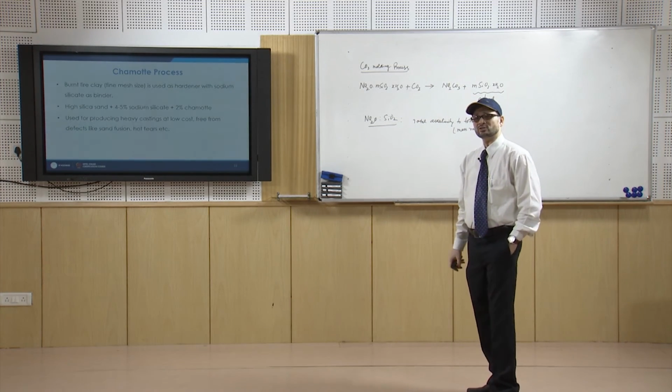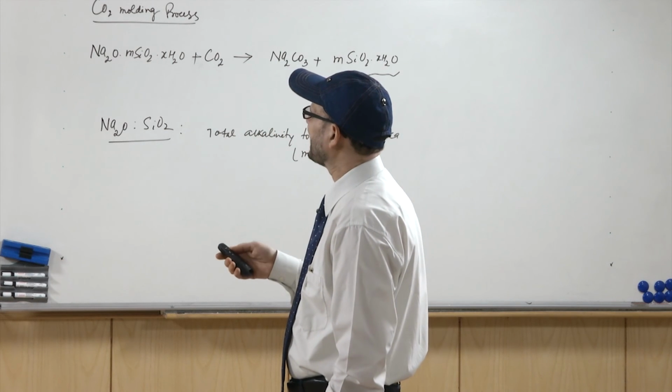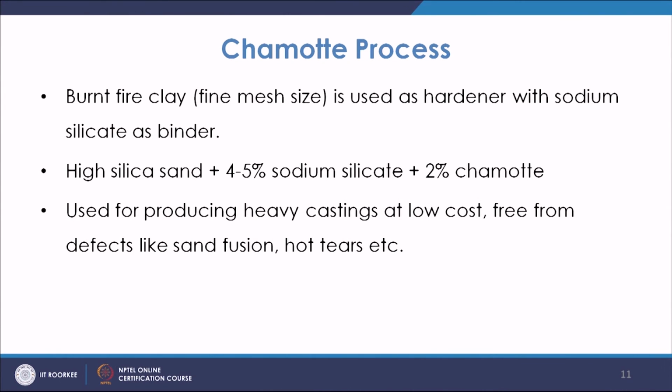There is another process known as the Chamotte process. Burnt fired clay is also known as Chamotte. It is basically used as a hardener with sodium silicate as binder. In that case, high silica sand is mixed with 4 to 5% of sodium silicate and 2% Chamotte.